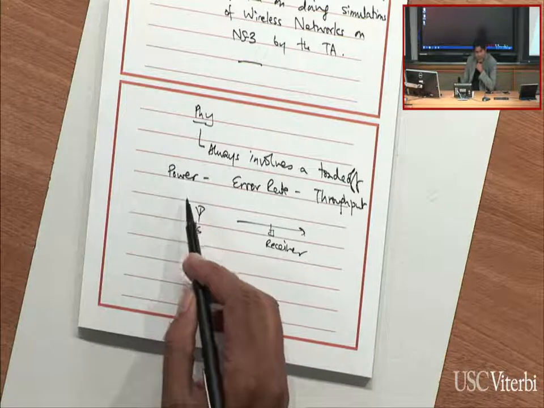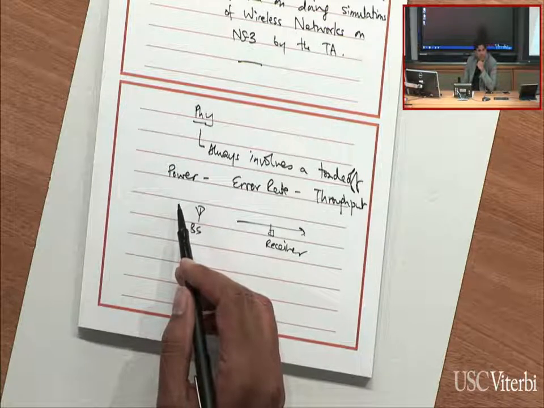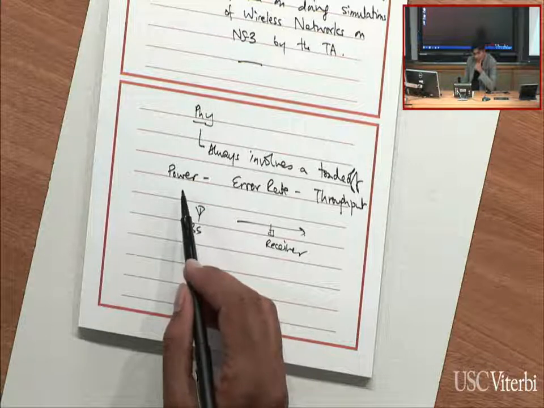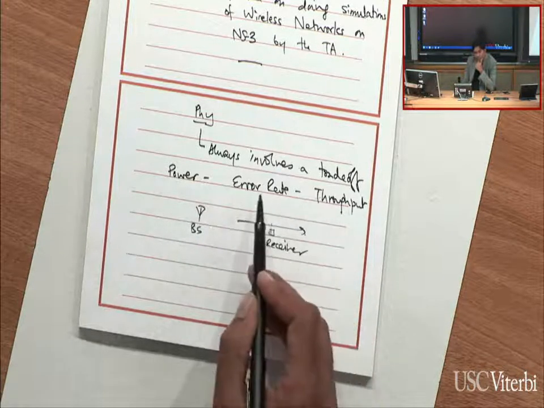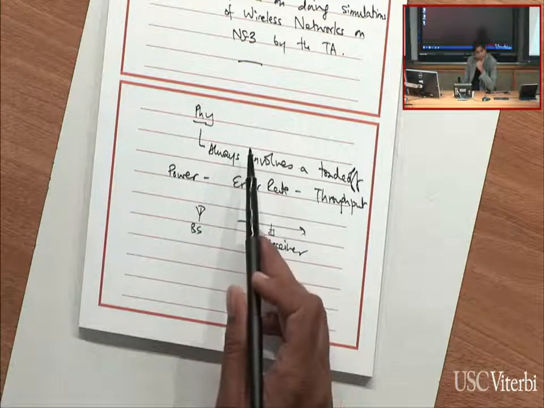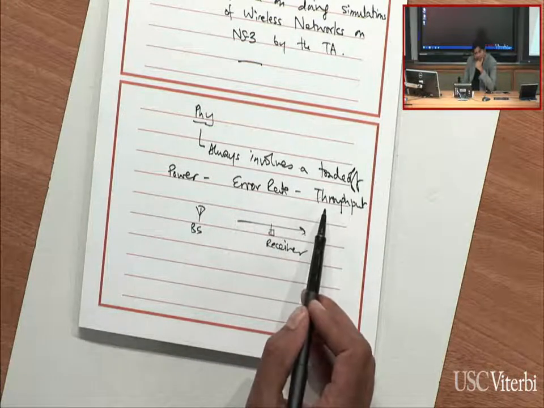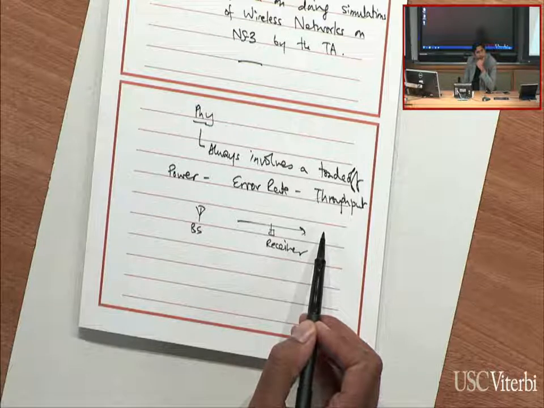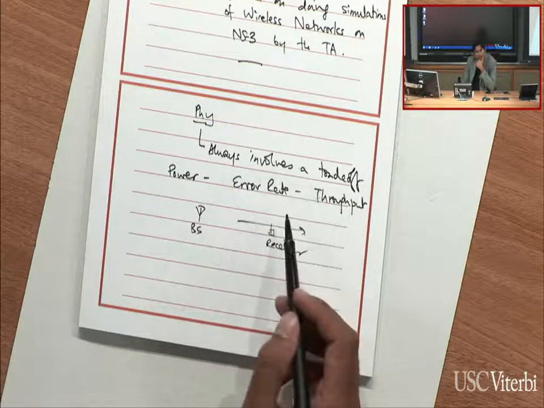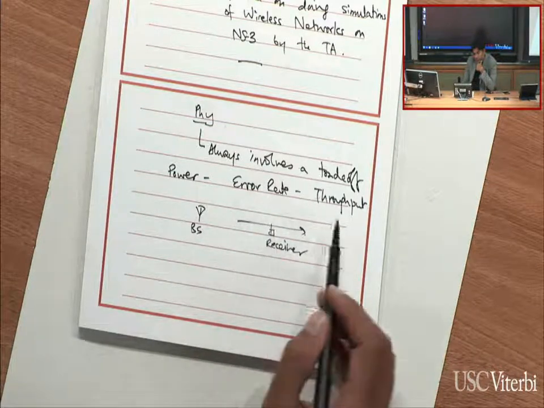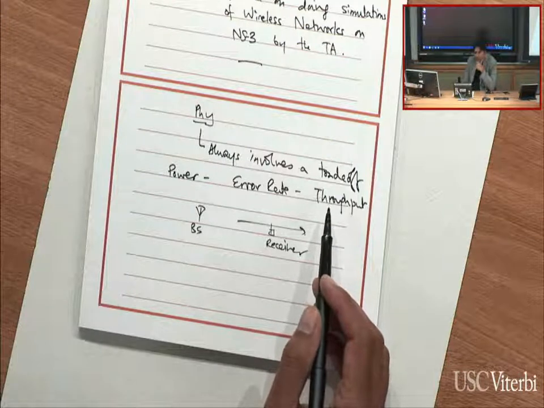And if you're going to be losing power, you're going to have to deal with that. That's going to cause trouble, right? If you keep your throughput fixed, it's going to cause your error rate to go up. Or if you want to keep your error rate fixed, then you're going to have to reduce your throughput, right? So we can't simultaneously get both low error rates and high throughputs out of these systems.